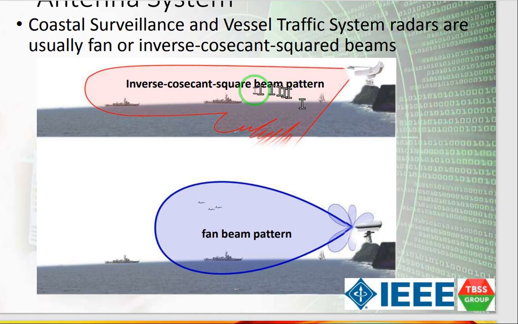One is the inverse cosecant square beam pattern, and the second is the fan beam pattern. The balloon type is called fan beam pattern, and that pattern is graphically known as inverse cosecant square beam pattern. They both are used for coastal surveillance and vessel traffic systems.